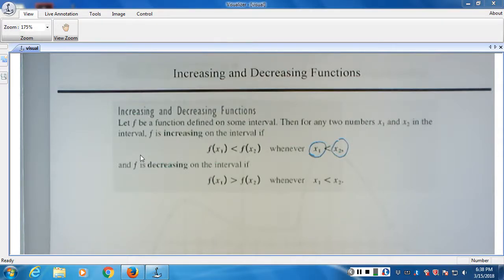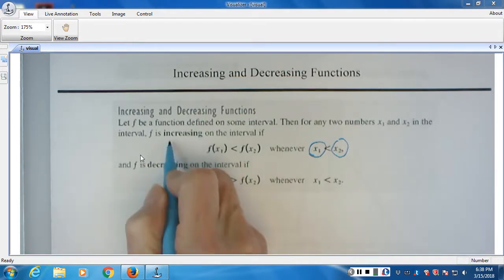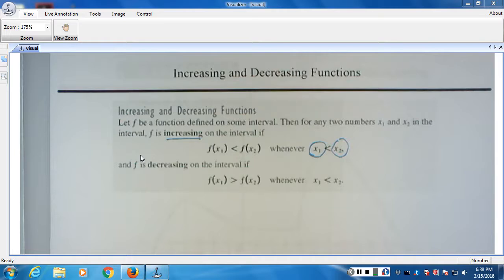The number you got when you plugged in 1 is going to be smaller than the number that you got when you plugged in 5. That means the function is increasing. Because when x went from 1 to 5, the value of the function went from this place to a higher place. So it went up. It increased. And that's what the definition of increasing is mathematically.